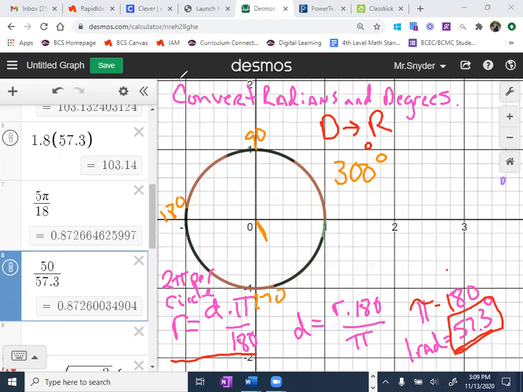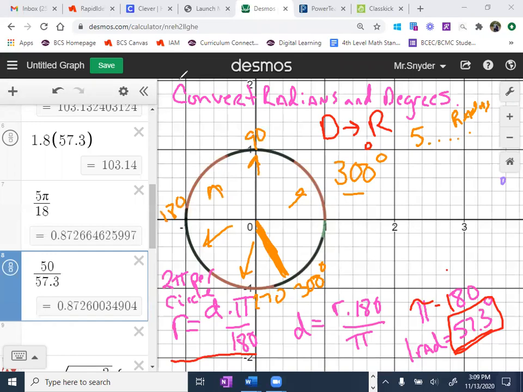So 300 degrees is somewhere right around here. If I estimate this, 300 degrees is approximately 1, 2, 3, 4, 5 and some change. So 5 point something radians. Let's check this out both ways.